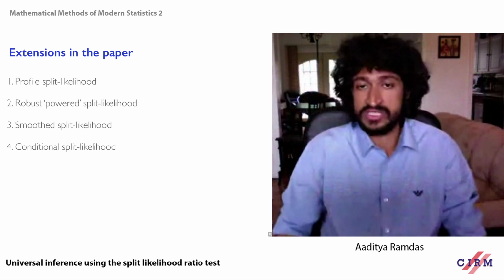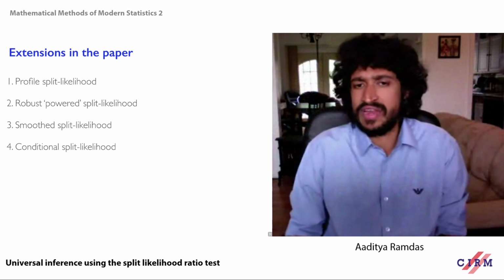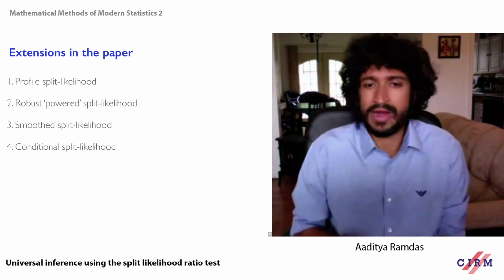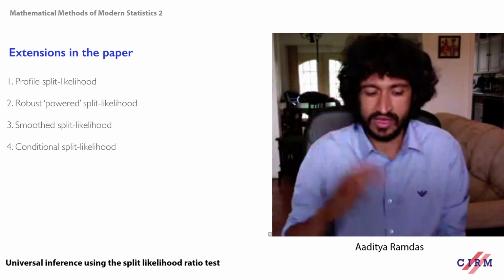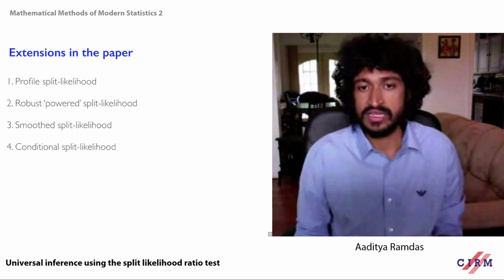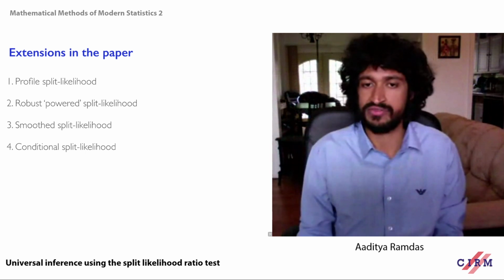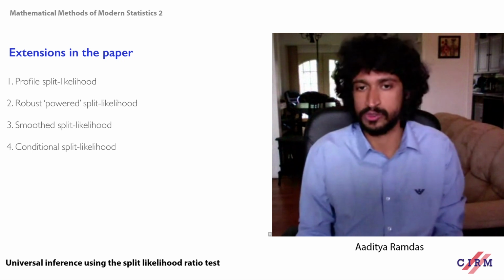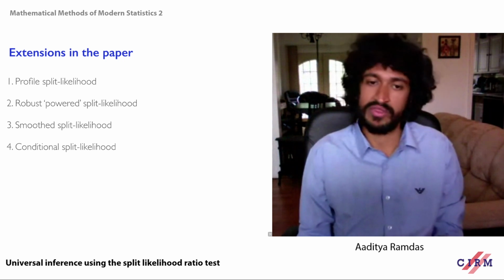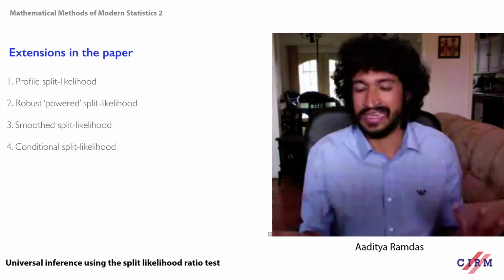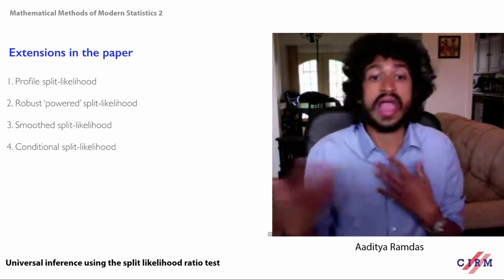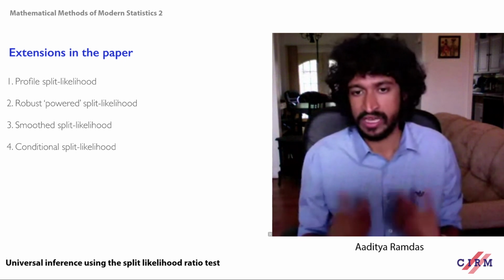There are situations in which the likelihood itself is very badly behaved. Even the split likelihood could be. You might want to smooth the likelihood by using a kernel, and so we show that a smooth split likelihood also works out if that's more suitable. And there are conditional versions of this as well. We didn't need the data to be actually IID from some distribution in order to run the test.